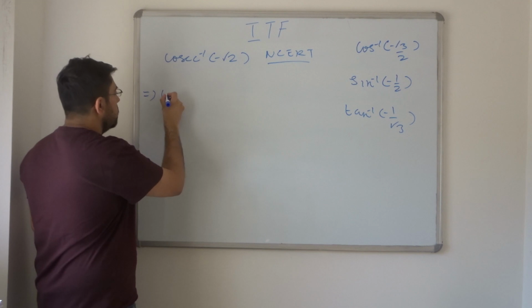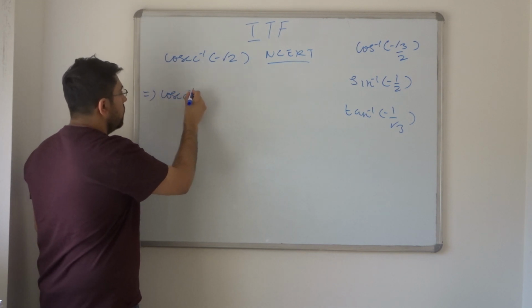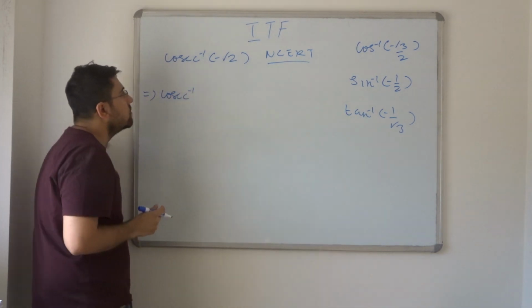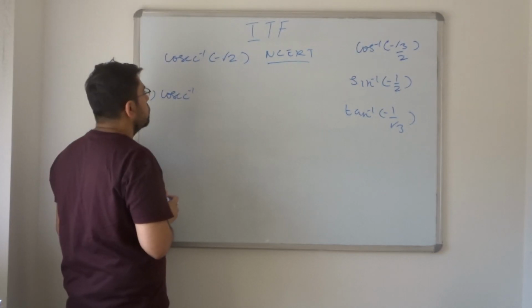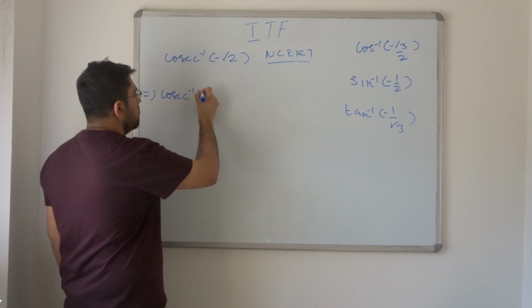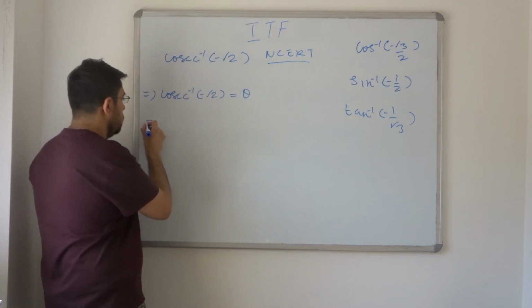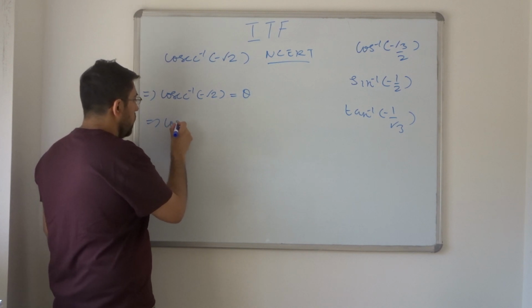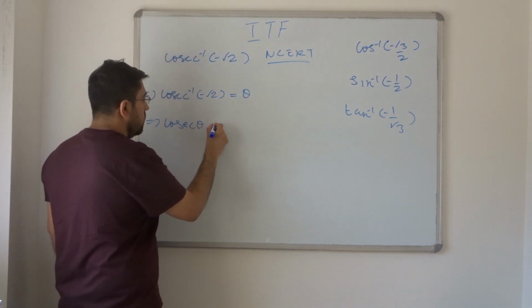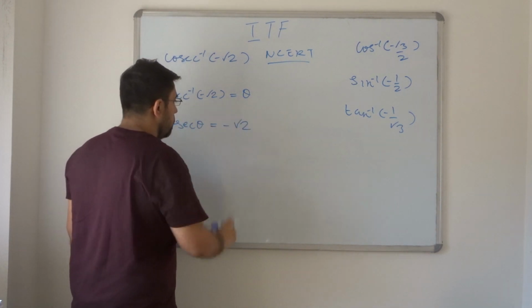Okay, so guys, the first step, I'm sure you already know what the first step is. So this is the first step, guys. Theta, and then you have cosec theta equals negative root 2.